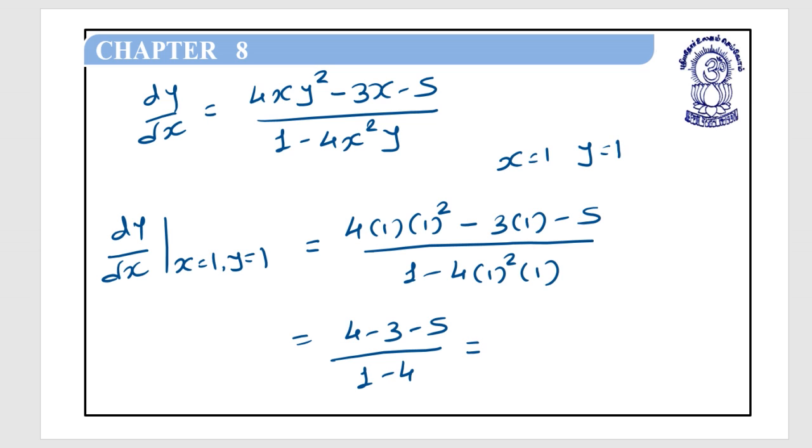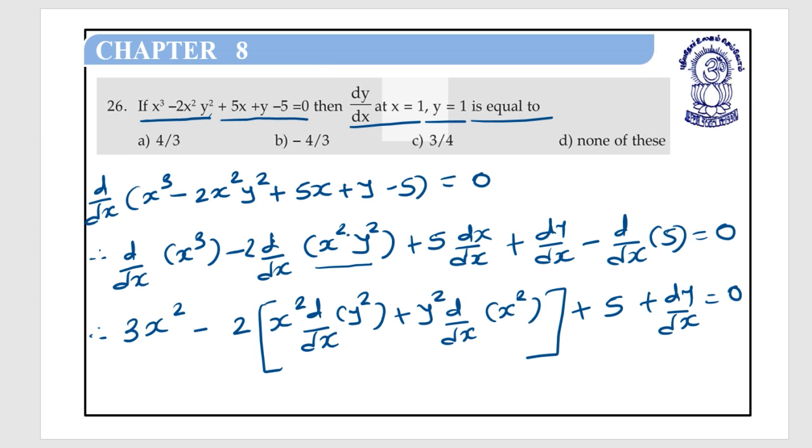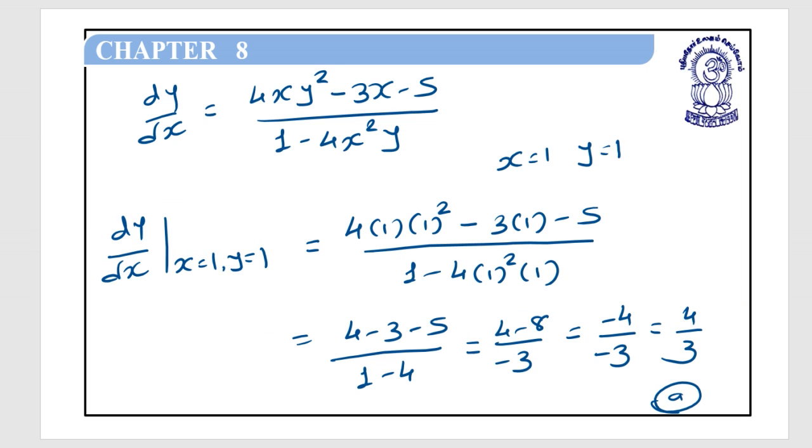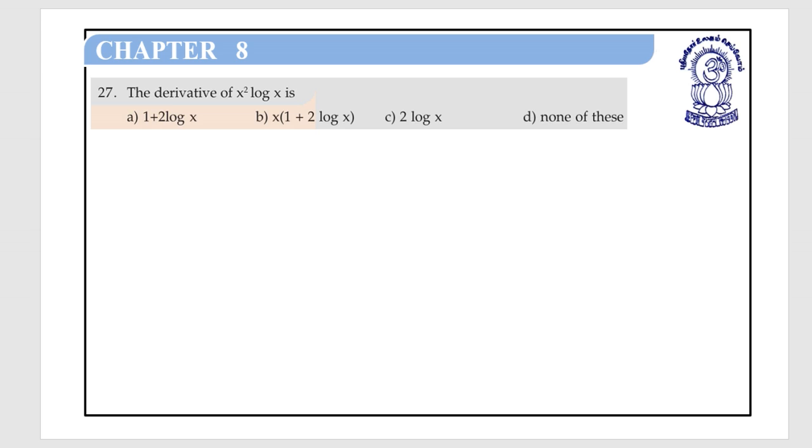So 4 minus 8, 1 minus 4 is minus 3. So 4 minus 8 is minus 4 by minus 3 is equal to 4 by 3. Now check the options. 4 by 3. So option A is the answer. Next question.